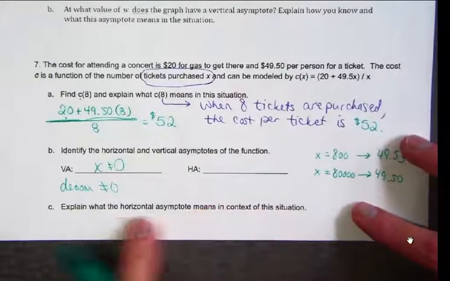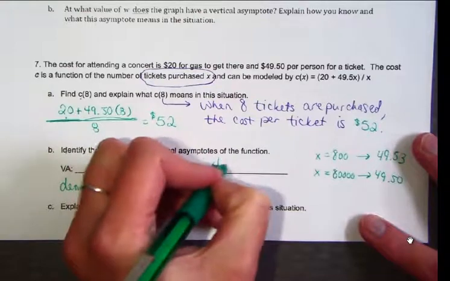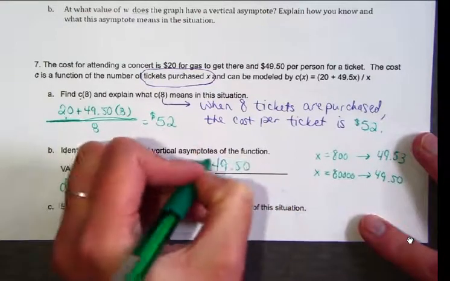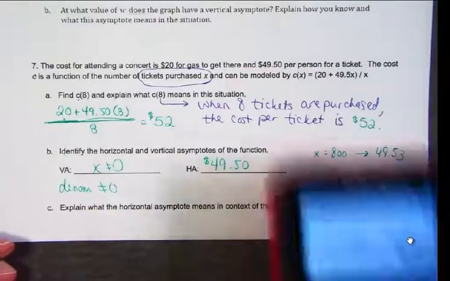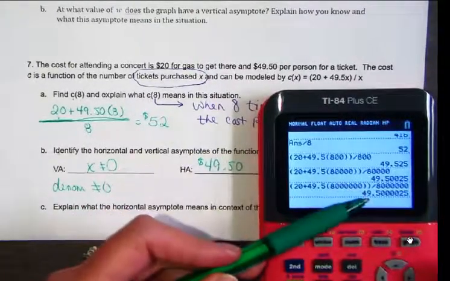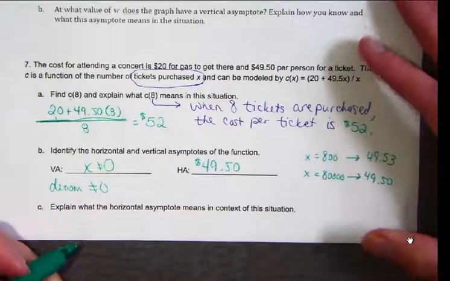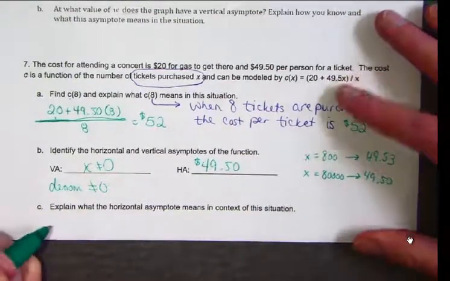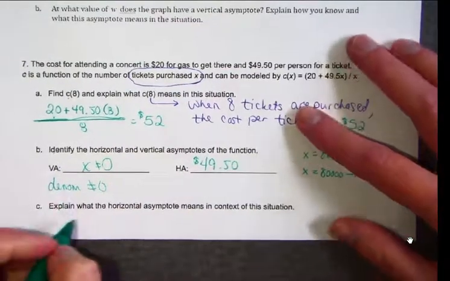So by putting in larger and larger numbers, I can actually calculate what that horizontal asymptote is, and that's going to help me explain what that horizontal asymptote means in context. What I'm seeing is that the more and more I order, the closer and closer the price gets to $49.50. Now it's never going to go lower than that. I'm never going to get it lower than $49.50 per ticket. So when I explain what the horizontal asymptote means in this context, that's exactly what it is.